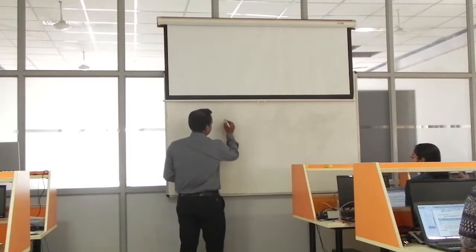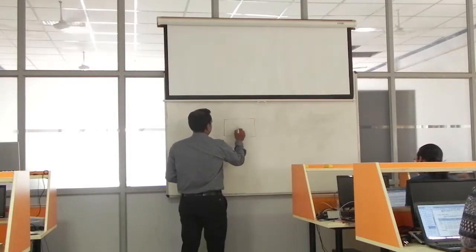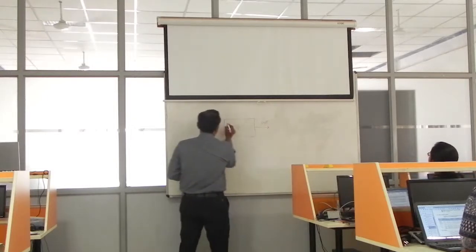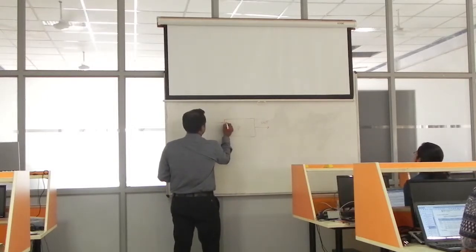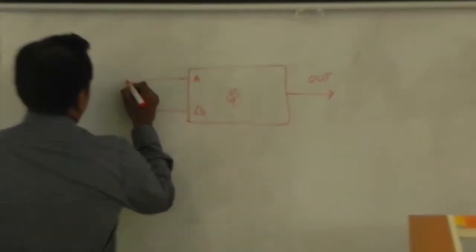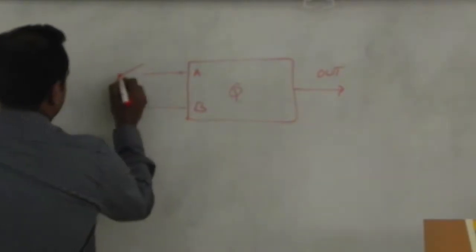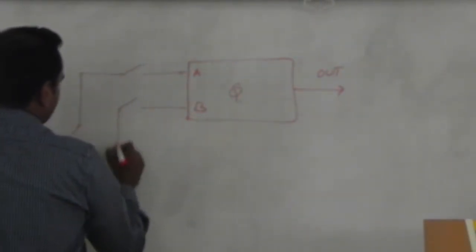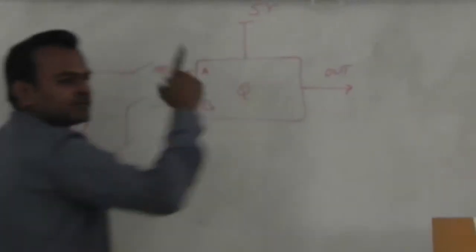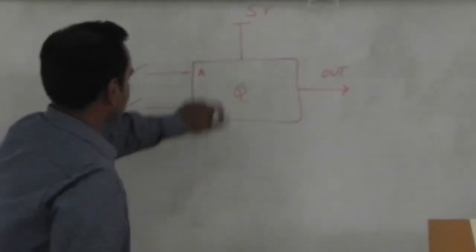So assume this is a digital block. This is the output. There are two inputs, A and B, and here is a switch. You are able to see this, okay?